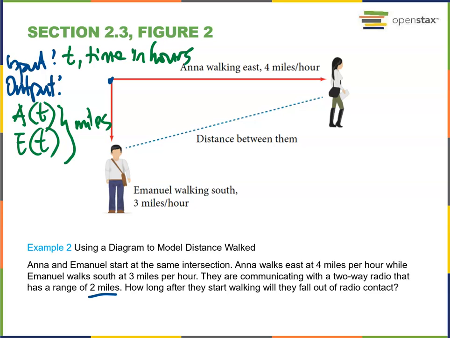So the slope for Anna is 4 and the slope for Emmanuel is 3. So we can write a of t is equal to 4t and e of t is equal to 3t.